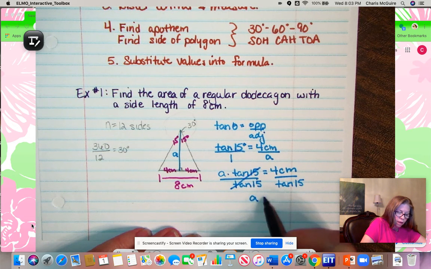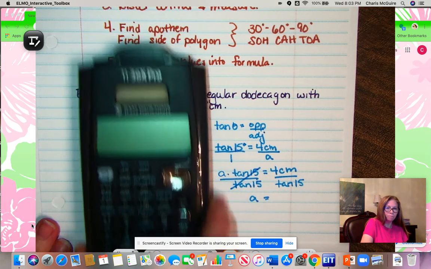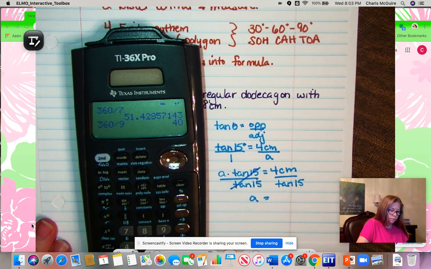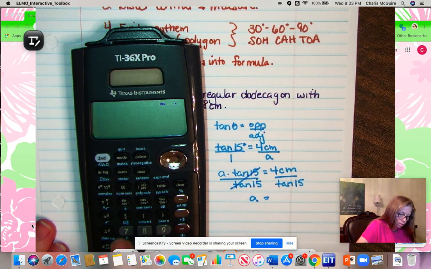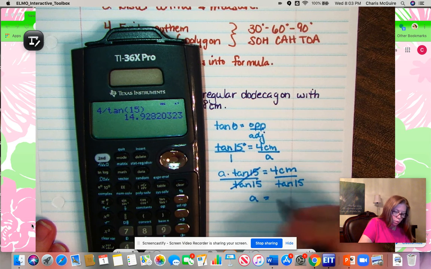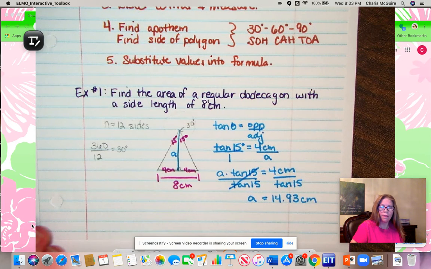So we have A equals, and then you are grabbing your handy dandy calculator. And we are going to do this 4 centimeters divided by the tangent of 15 degrees. All right, so we are getting 14.93 centimeters. All right, so that's our apothem or our height.